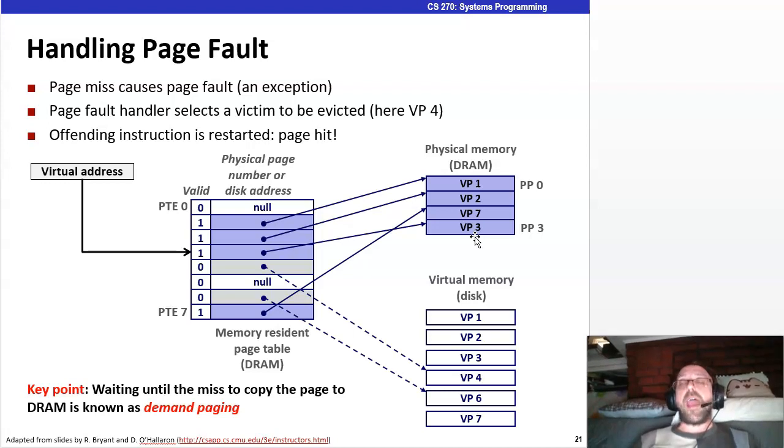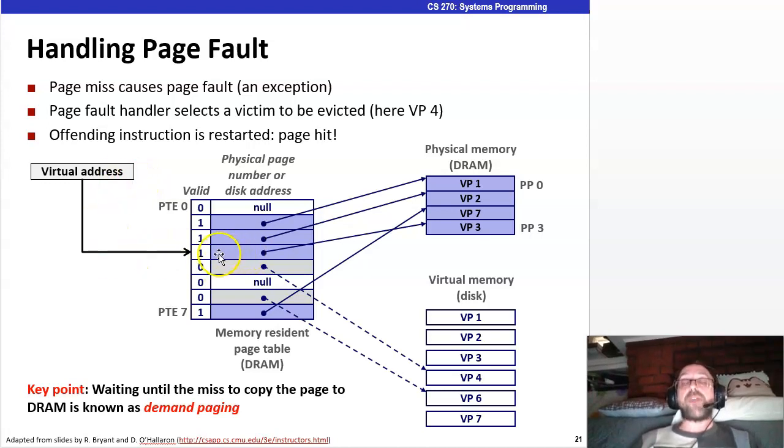Once that's happened, once the virtual page has been loaded into physical memory, then the page fault handler can tell the hardware, okay, I've finished handling it, which means that the instruction that caused the page fault, the instruction that was trying to refer to this virtual address that wasn't mapped, is run again.